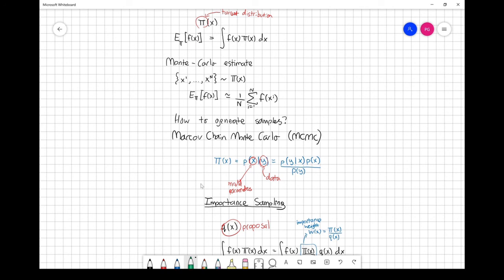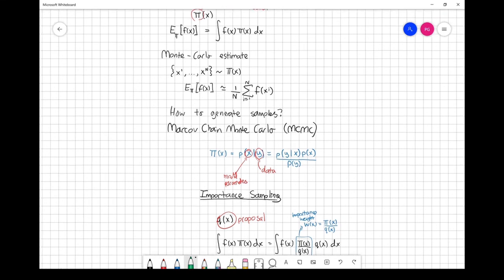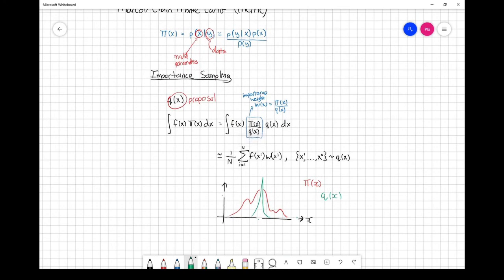However, if, for example, you're using Bayes' theorem, and Bayes' theorem is the target distribution, then you might end up with a non-standard probability distribution, in which case, to generate samples from it, you might need an approach like MCMC. An alternative to MCMC is importance sampling, which we've discussed here.